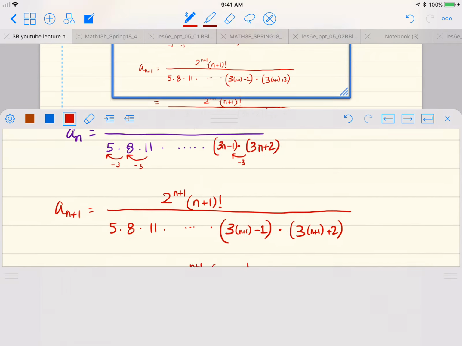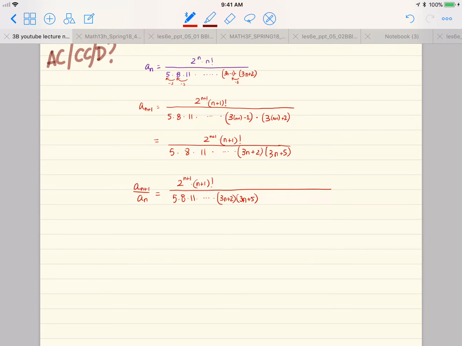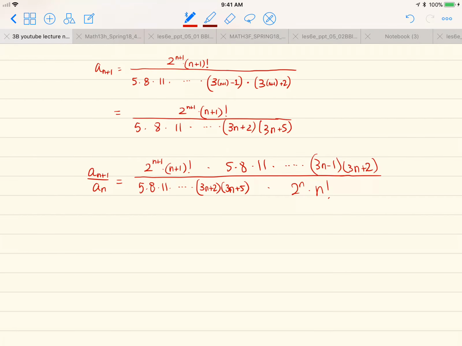Okay, and then in the numerator, I'll need to have 5 times 8 times 11 times ... times 3n minus 1 times 3n plus 2. Oh yeah, let me add this 2 to the n times n factorial in the denominator.